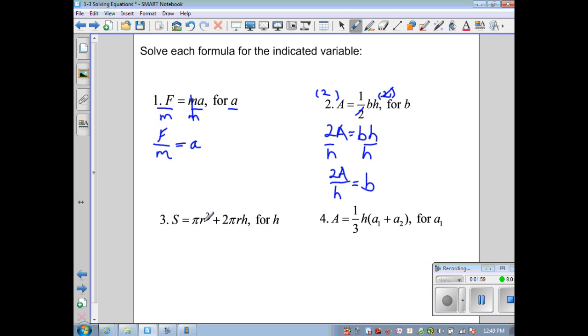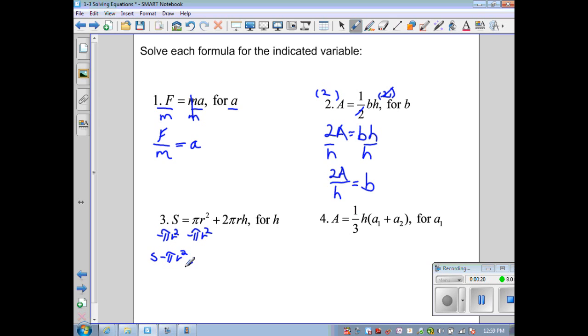Example 3. Again, copy the problem. I want to solve for h. Here, I have pi r squared plus 2 pi rh. This would be similar to like 18 plus 2 pi rh. In other words, this is just a number. So what I want to do is subtract that number by inverse operation. So we'll just subtract pi r squared on both sides of the equation. These aren't like terms, but we can still write the expression S minus pi r squared.